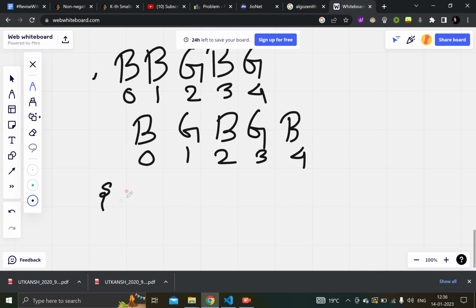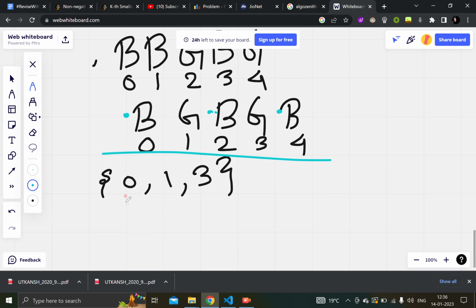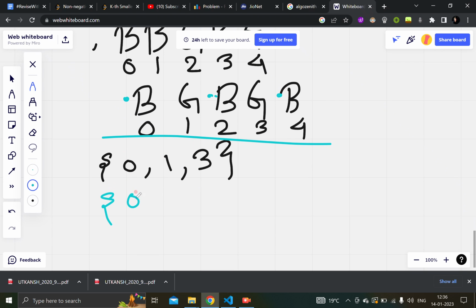Let's store this: it will be 0, 1, and 3. And in our final arrangement, the new positions are 0, 2, and 4. So let's put this also: 0, 2, and 4.